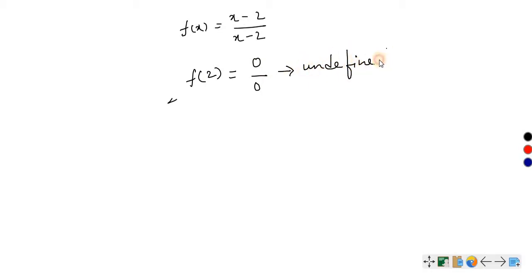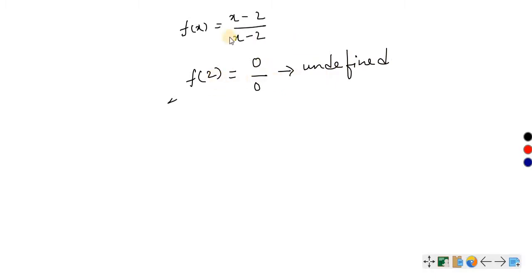Consider the function f of x is equal to (x minus 2) by (x minus 2). If we take x equal to 2, we are going to get 0 divided by 0, which means undefined. The function is not defined at x equal to 2.